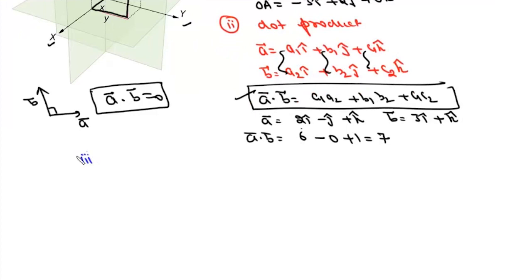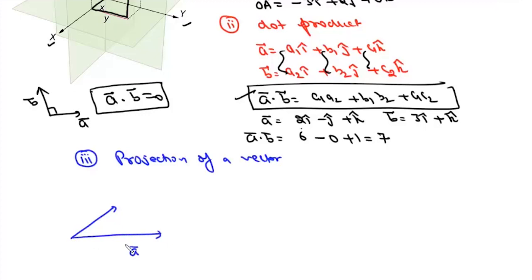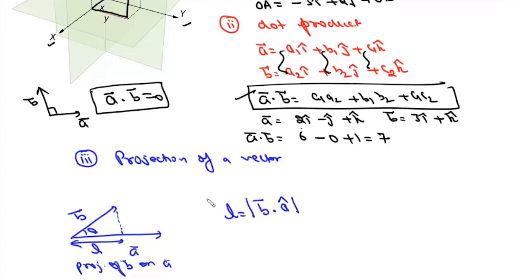Now the third concept that we need is projection of a vector. Now if we have two vectors A and B, and this angle is theta, then this is the projection of B on A. Its length, say L, is given by B dot A cap, and since we are talking about this length, it will be positive, so we take the absolute value of this dot product.